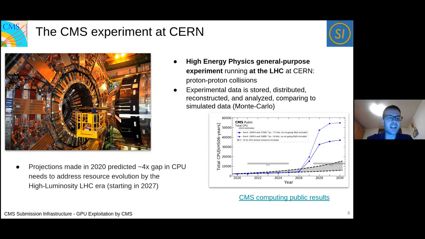Current projections foresee a 4-time gap in the CPU needs, considering a flat funding schema, starting by 2027, when the high luminosity LHC era will begin. And this is already including the natural evolution of the computing power, so it already includes that CPUs and processors will improve.